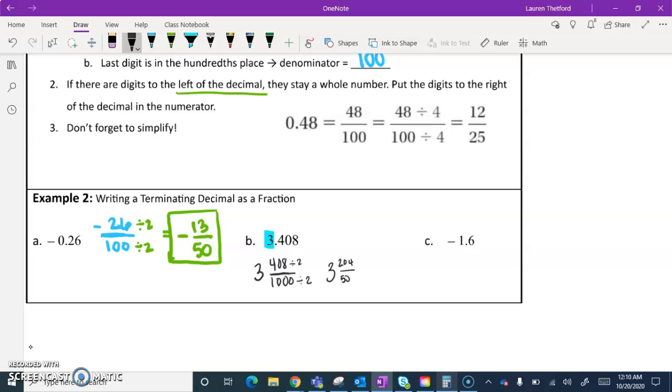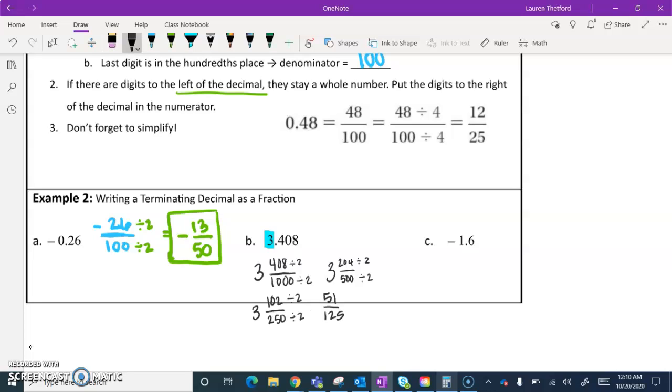over 500, and then you could divide by 2 again, and we would get 3 and 102 over 250, and then we divide by 2 again, and we would get 51 over 125.